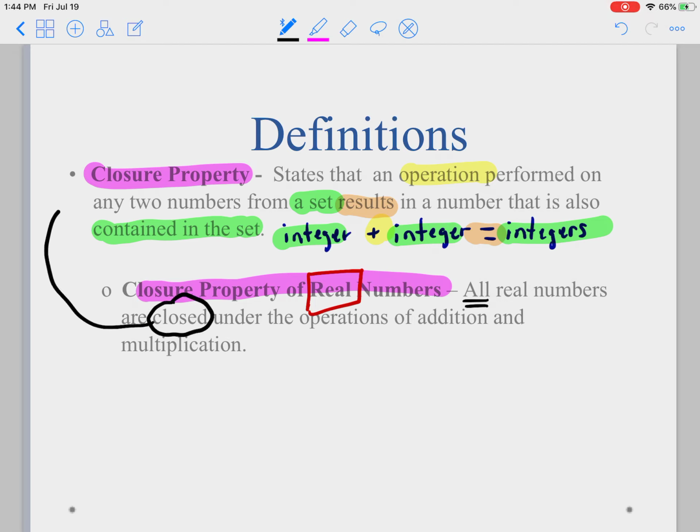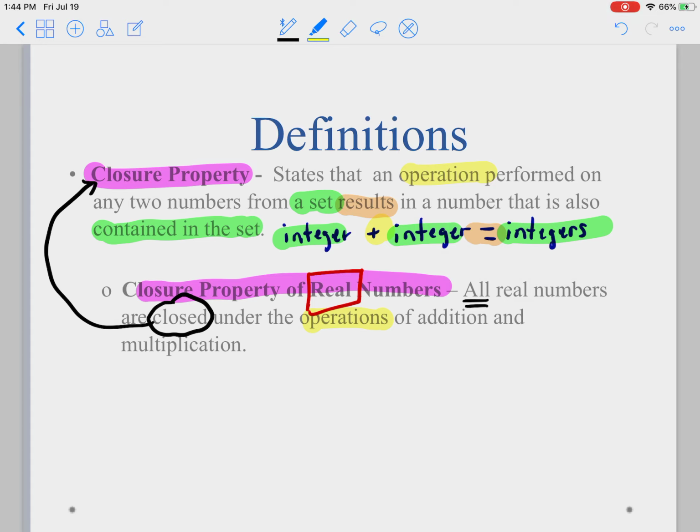It means it holds to the closure property under the operations, and once again, we're using operations of addition and multiplication. Notice that subtraction and division are not included. That is very important. Subtraction and division are not included.